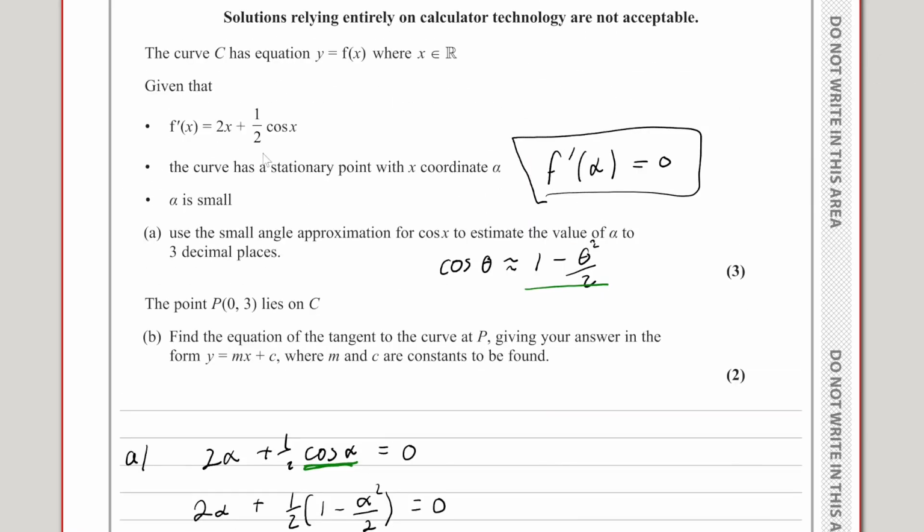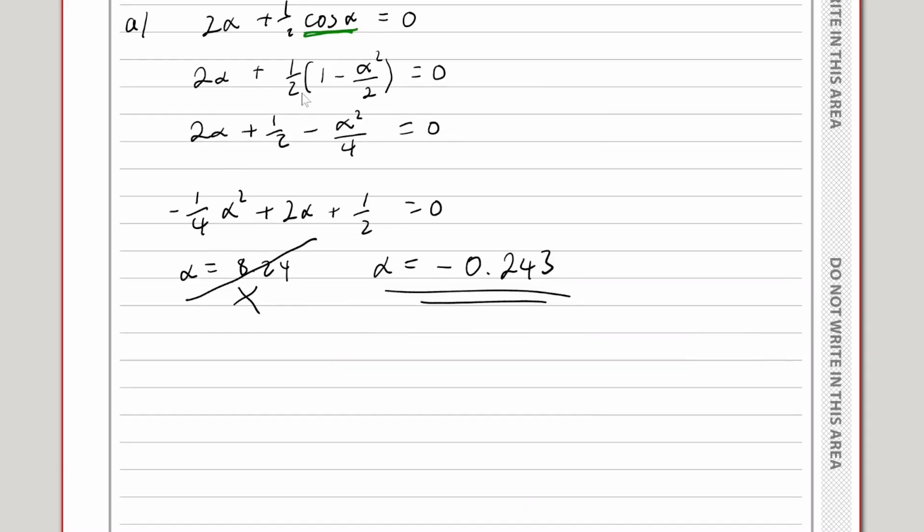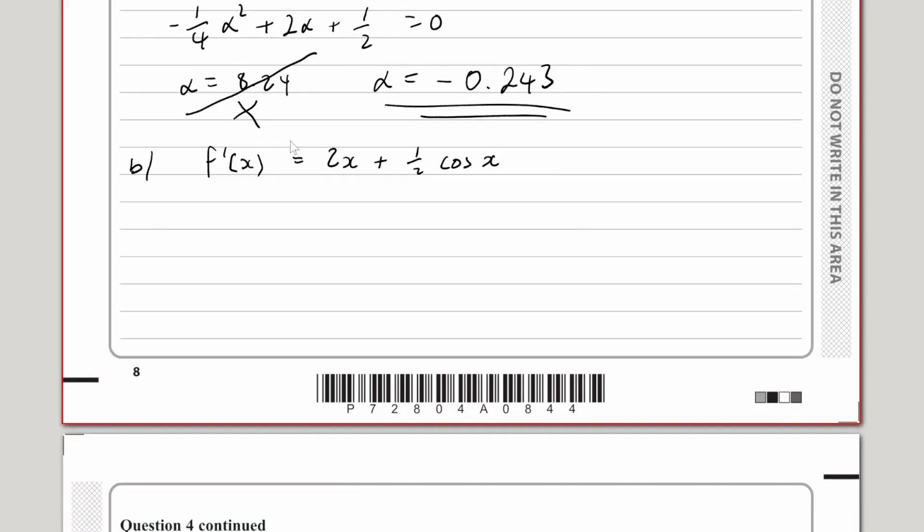So the gradient function is 2x plus half cos x, and it's the point 0, 3, so it's got an x coordinate of 0.